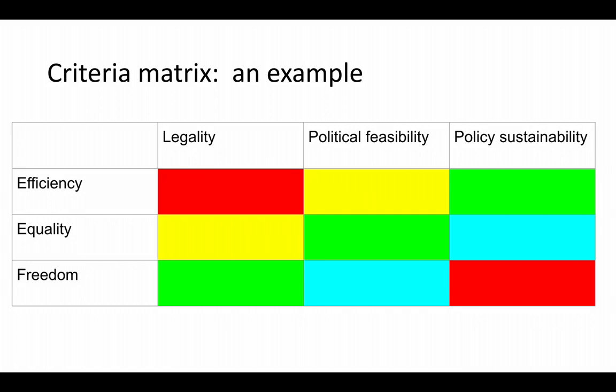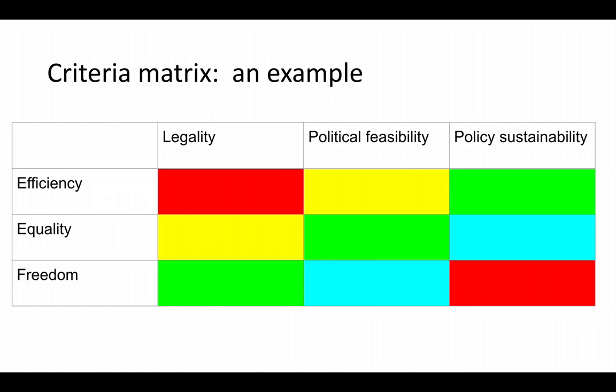Now, for instance, for the red case, we have two alternatives. For the first one, you use efficiency and legality to evaluate alternative one, and for alternative two, you use freedom and policy sustainability to evaluate policy alternative number two. All right, so this is the red case.